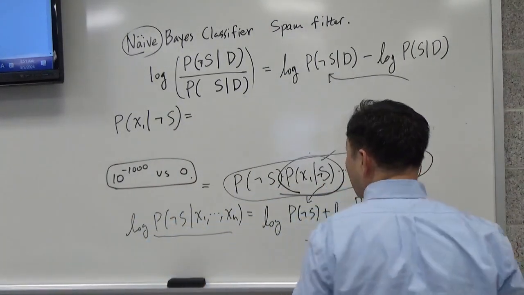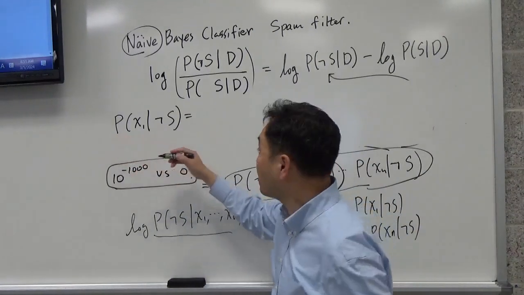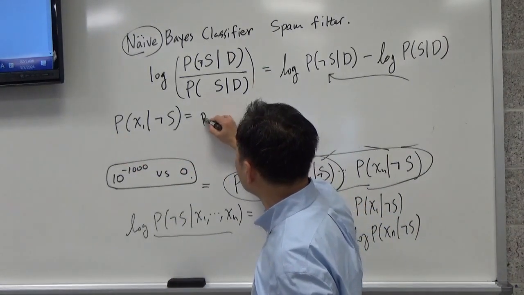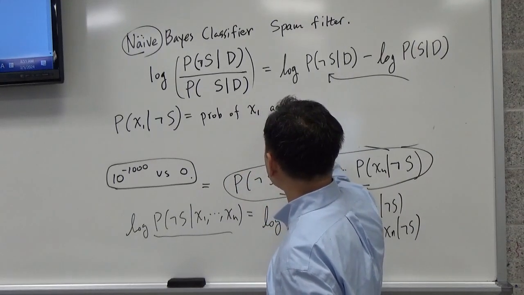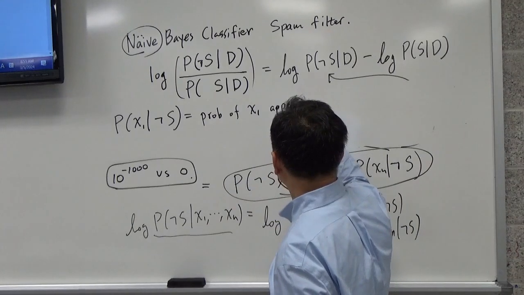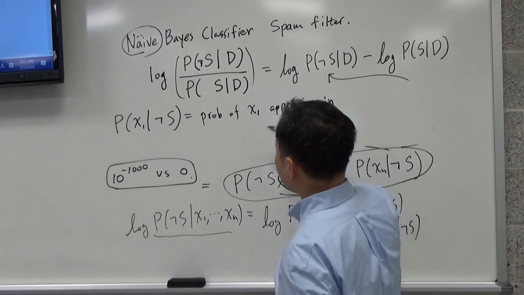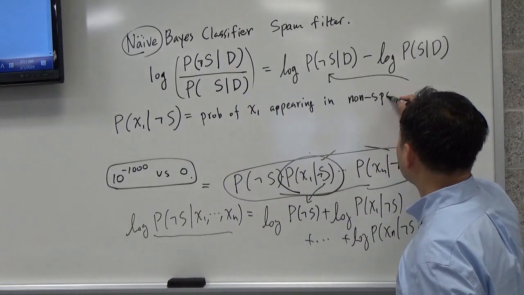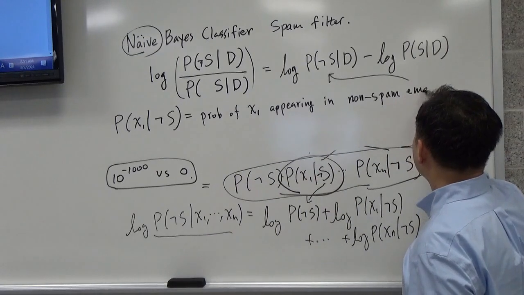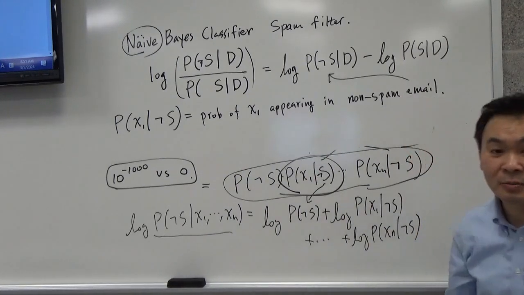What does this mean? X1 is a word, right? So it's the probability of X1 appearing in a non-spam email. That's what it is, okay?